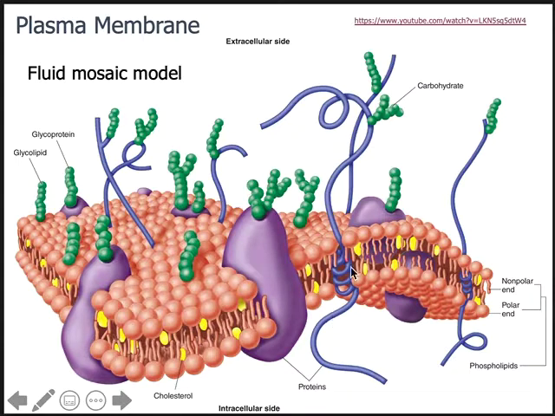Now, what's going on here with all these weird looking things? These are proteins. This huge protein here, it's not labeled what specific protein it is, but you can guess that it is probably going to allow the transport of something from the inside to the outside, or from the outside to the inside, or it's going to be an enzyme that carries out some enzymatic function, because it's huge.